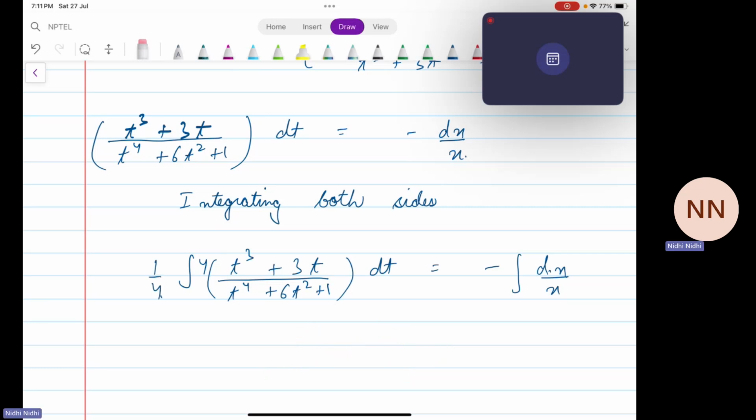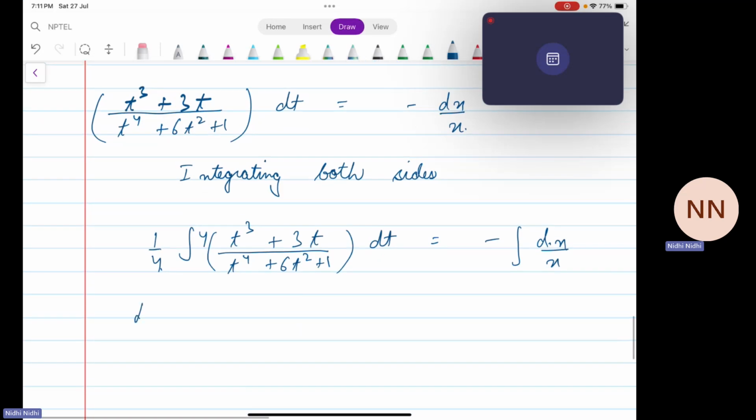Now we'll do the substitution. We'll let v be equal to t power 4 plus 6t square plus 1. That gives us dv is equal to (4t cube plus 12t) dt, which is basically the numerator.